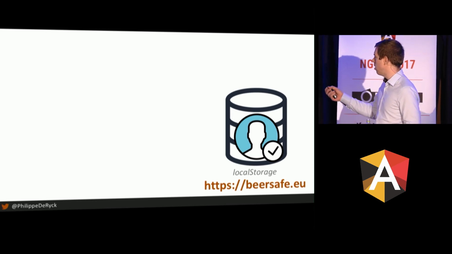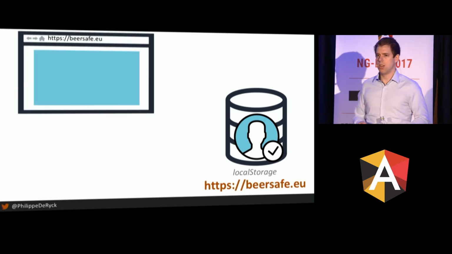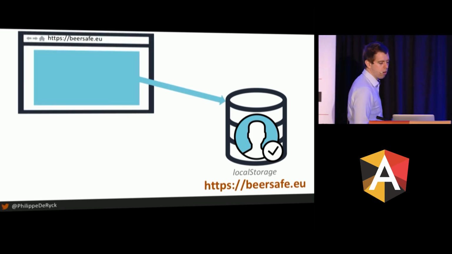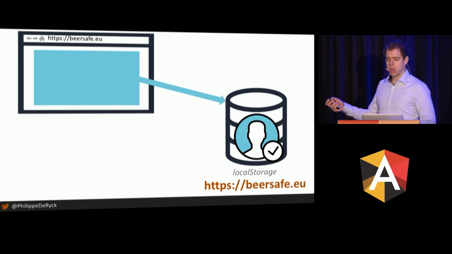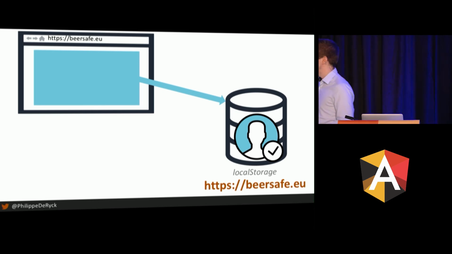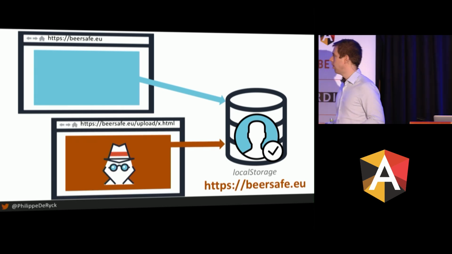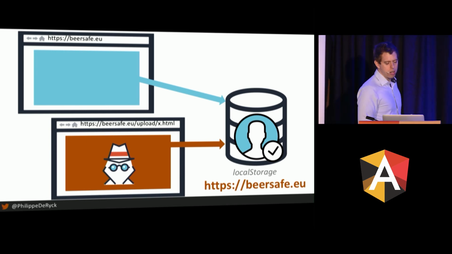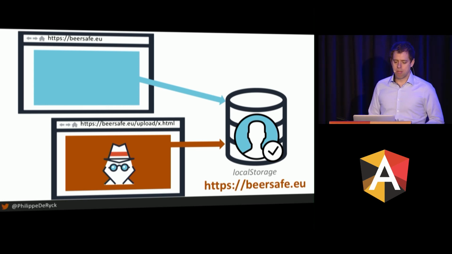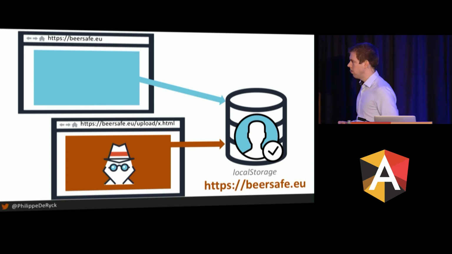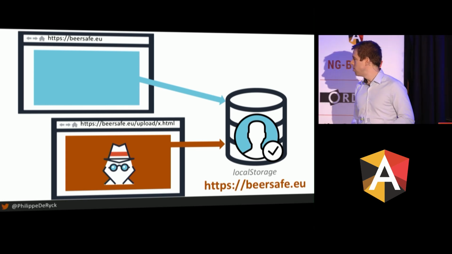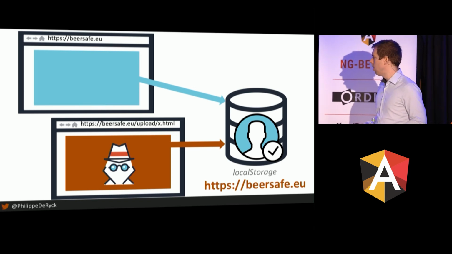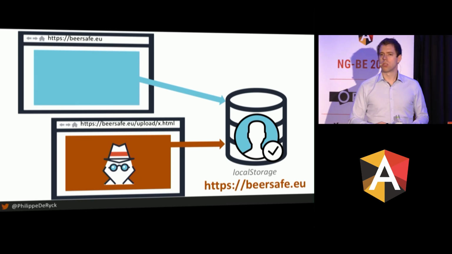And many people store information in the local storage area. Local storage is associated with an origin. In this case, it's https://beersafe.eu, which means that any page in that origin will have access to that local store. Sounds easy, right? Well, one of the problems here is that once you have malicious code running in your origin, for example, if you have an insecure upload feature and the attacker manages to sneak code in there, it will also be able to read that local storage container.